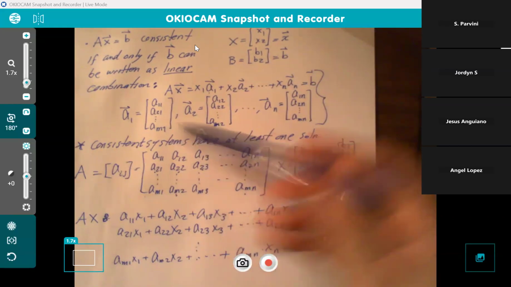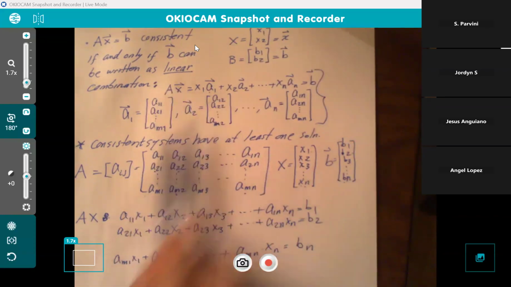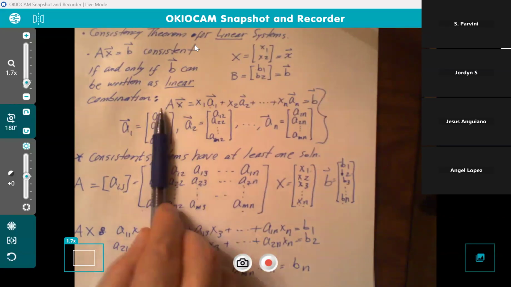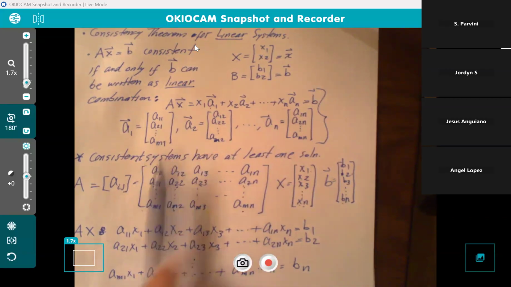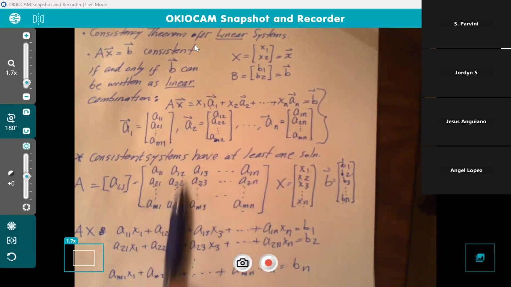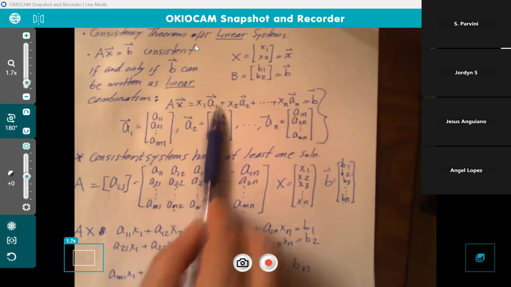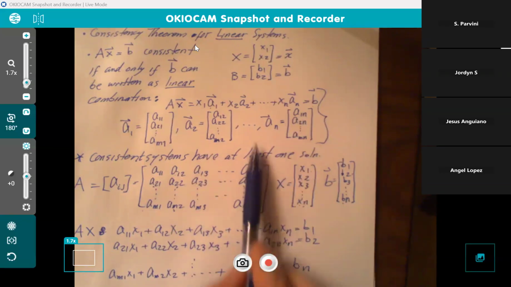So this linear combination, remember, what it does, it partitions the matrix into column vectors. See, column 1, column 2, column 3. Each of these themselves is a column matrix, all the way to the last one.